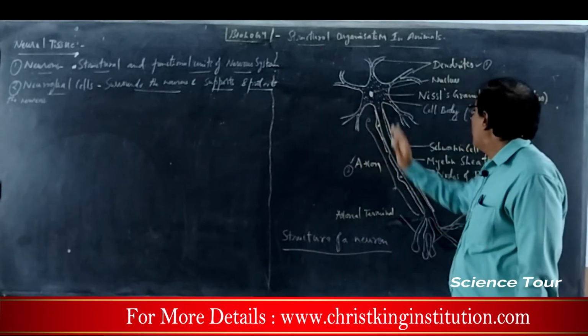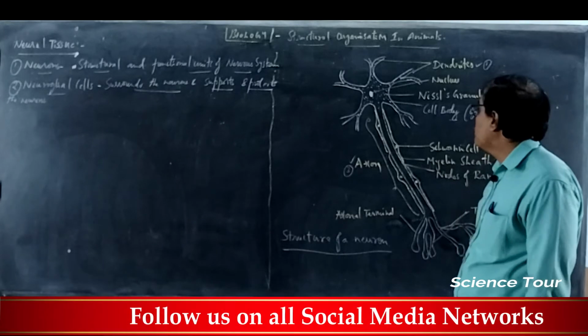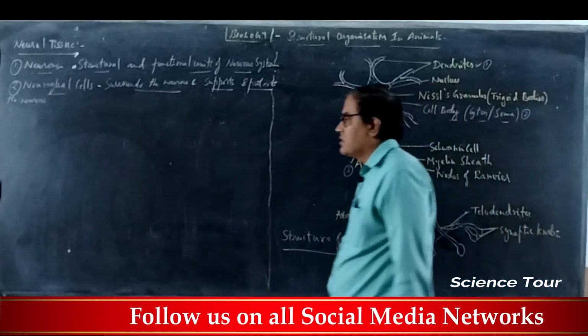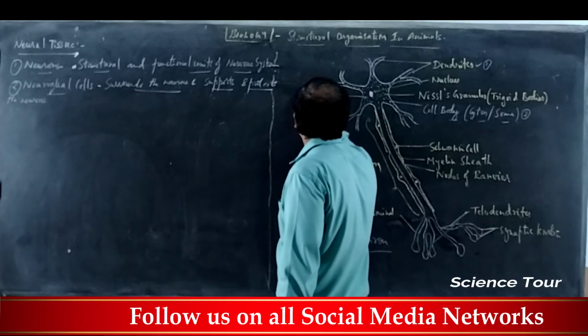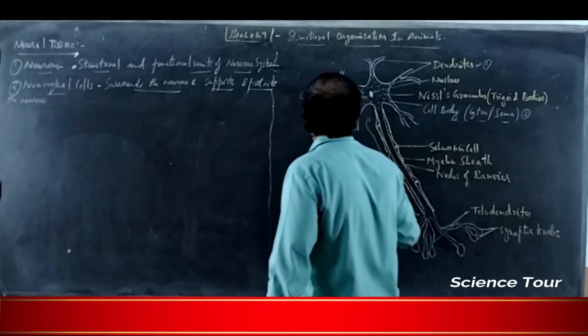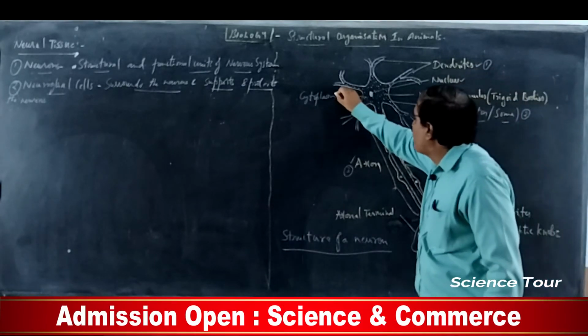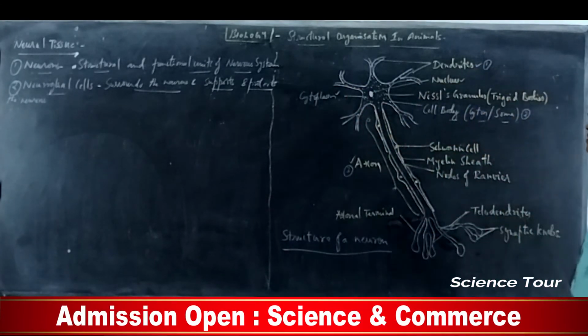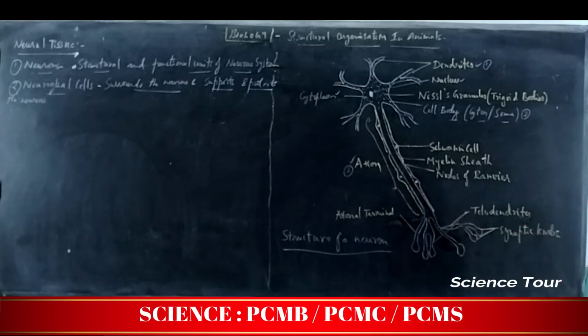This cyton or cell body or soma contains cytoplasm as well as the nucleus. Apart from that, there are small granules, structures discovered by the scientist Nissl.